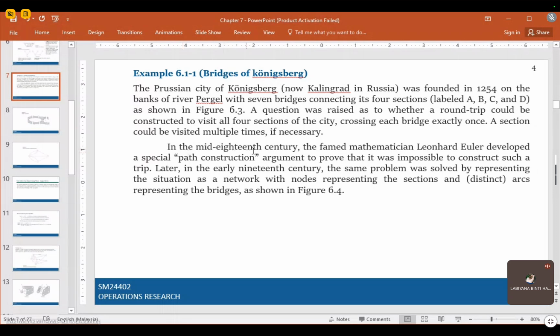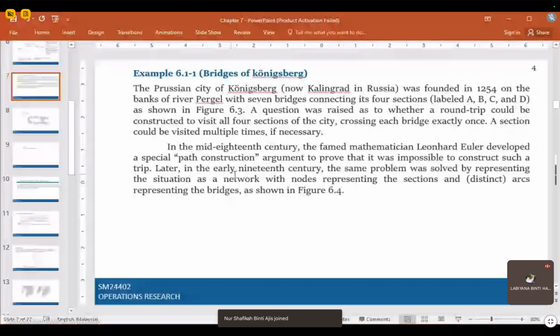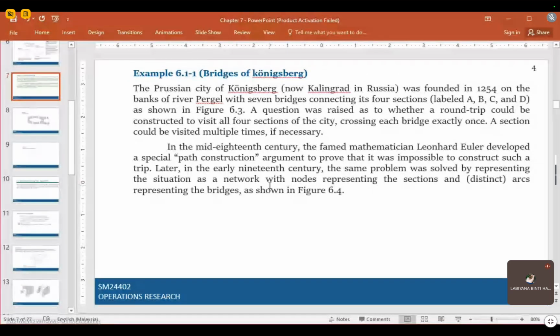In the mid-18th century, the famed mathematician Leonhard Euler developed a special construction argument to prove that it was impossible to construct such a trip. Later, in the early 19th century, the same problem was solved by representing the situation as a network with nodes representing the sections and distinct arcs representing the bridges, as shown in figure 6.4.